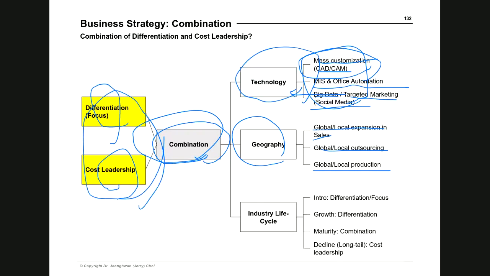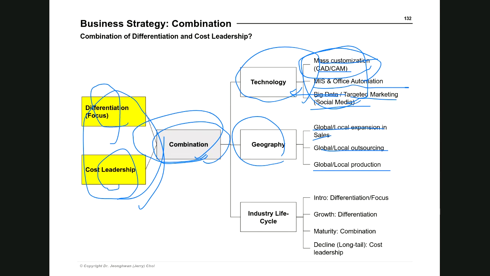Localization. The KFC is a global company. Globalization. Okay, and the KFC is now operating in China, right? However, they localize their menu according to the Chinese demand, because that's localization.